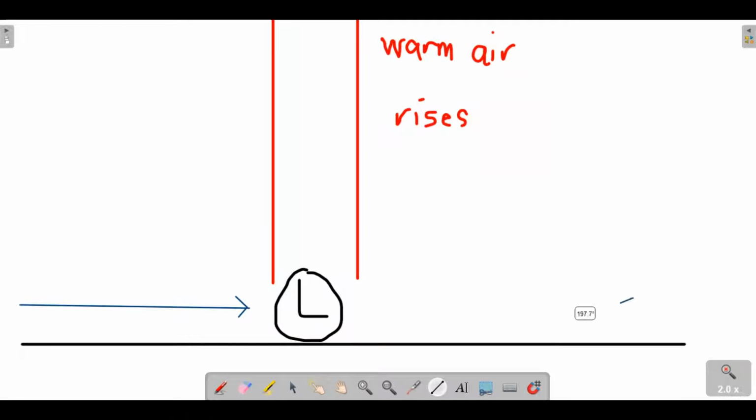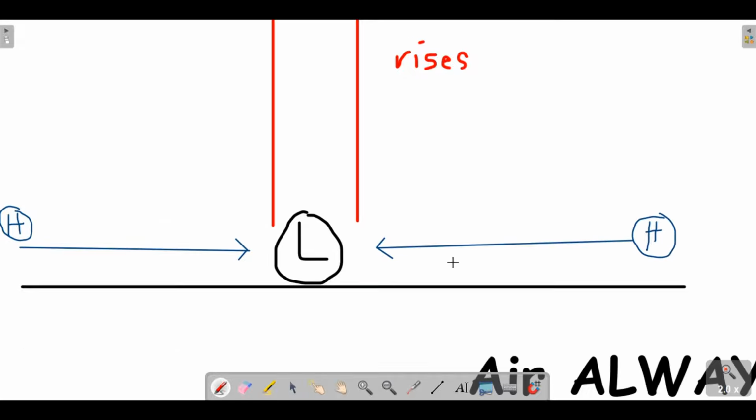They are pushed or driven by the pressure gradient force. They will move towards that low pressure and they will do what? They will converge. They meet up there, okay?